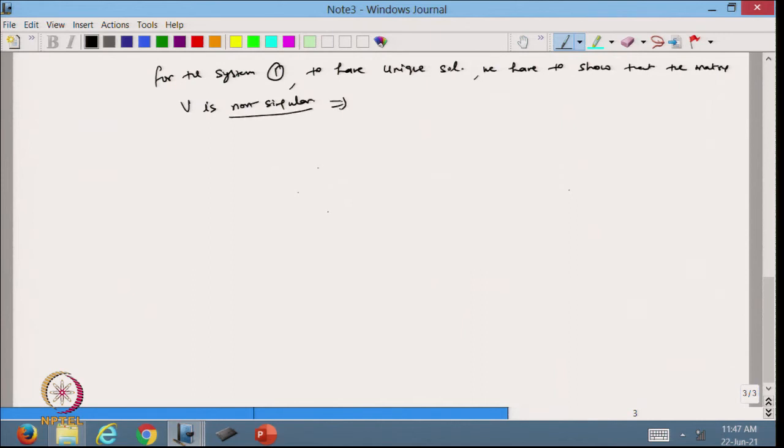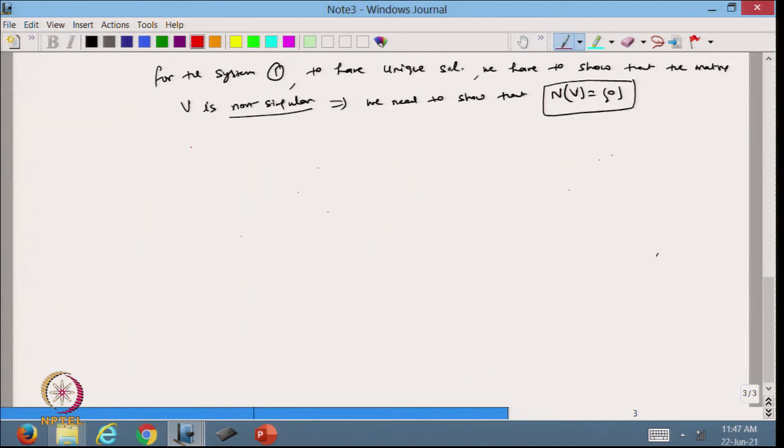Which implies that we need to show that the null space of the matrix V contains just the 0 element. So, this is equivalent to saying that the null space of V is equal to 0, that we have already seen in the previous results. So, now we are going to show these things.